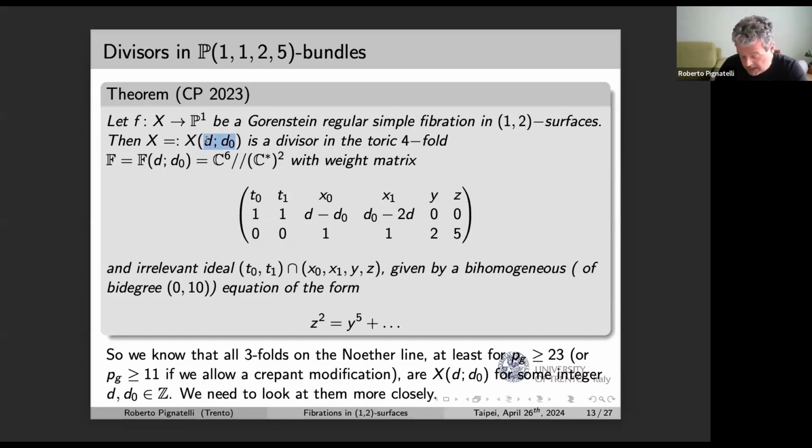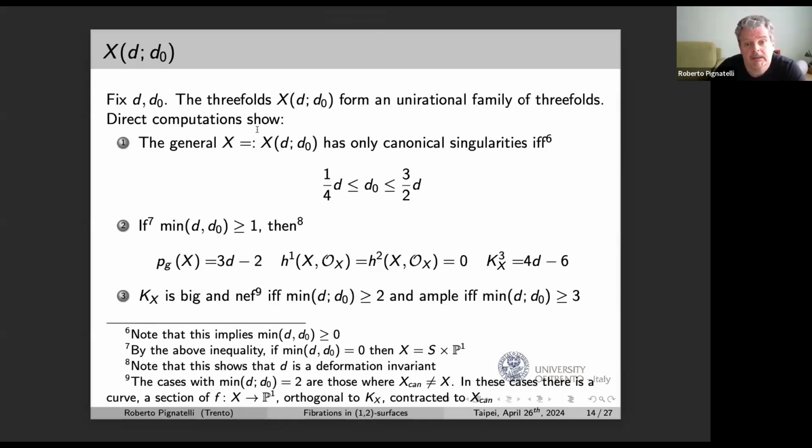has only canonical singularities. And in fact, a direct computation shows that you cannot take any D, D0, otherwise you can get everything very singular. For the general element in this unidirectional family to have only canonical singularities, you need the ratio between D0 and D to be included between 1/4 and 3/2.